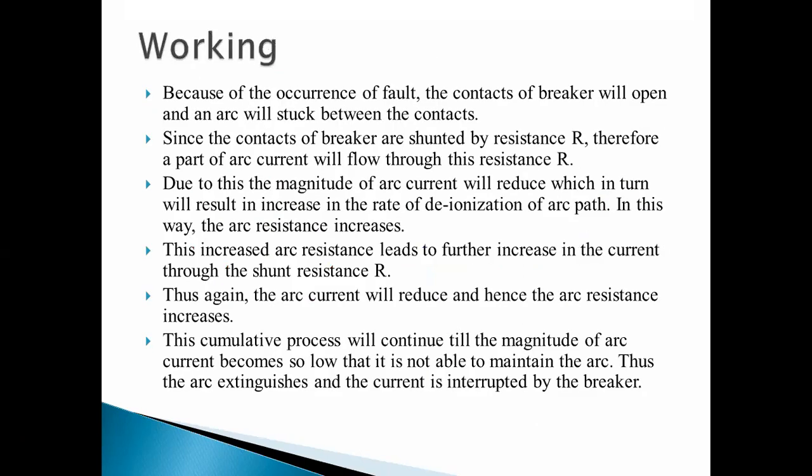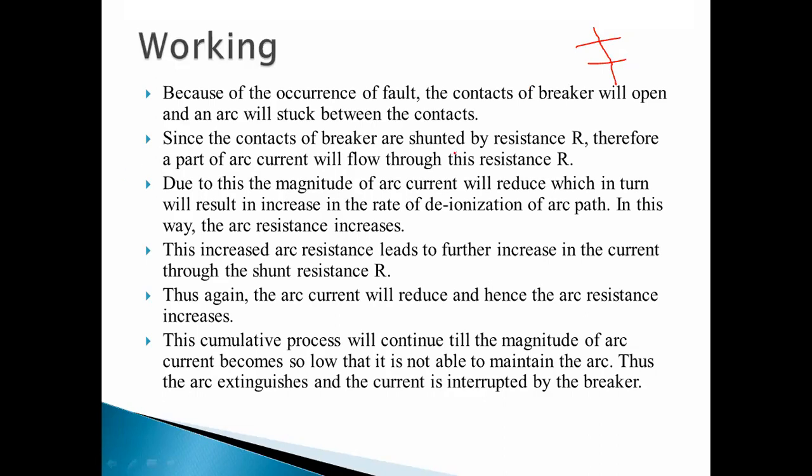Now, the working of this resistance switching: because of the occurrence of a fault, when the contacts of the circuit breaker open, an arc will be struck between the two contacts. When we open these two contacts, the arc will be produced between them.